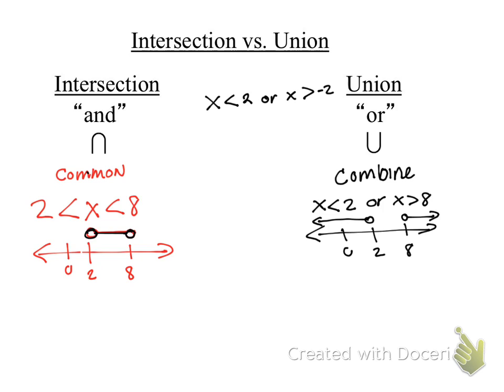It doesn't matter the order. In this situation, here's negative 2, here's 0, here's positive 2. This is a situation of overlap. So greater than negative 2 goes in that direction, less than 2 goes in that direction. And if it's a union, that means what numbers go into the set? All real numbers, because of that overlap situation.